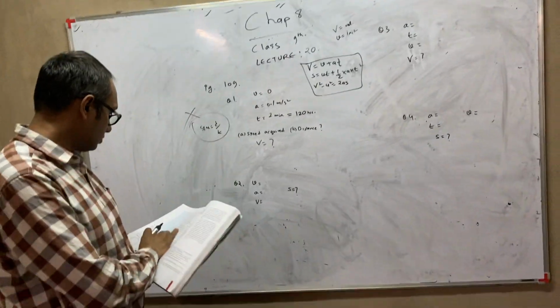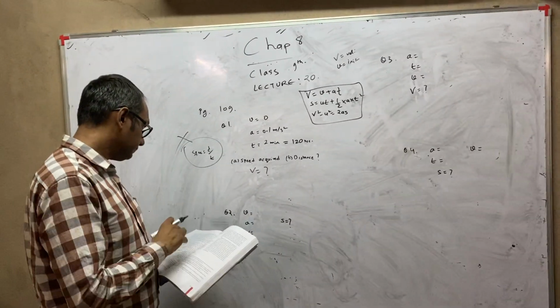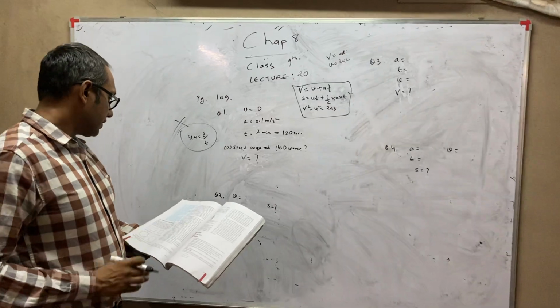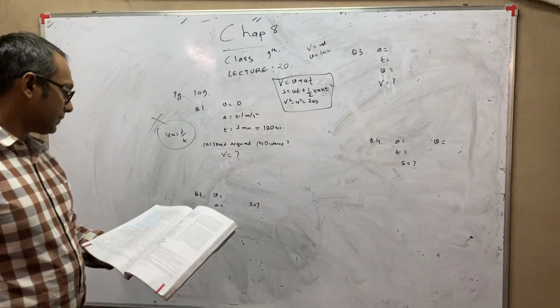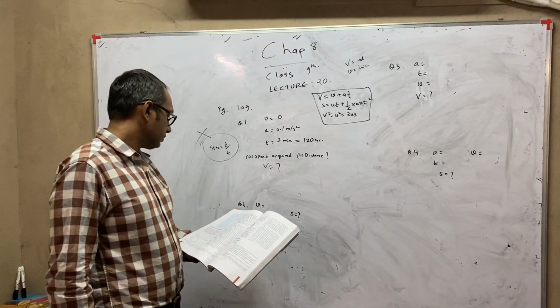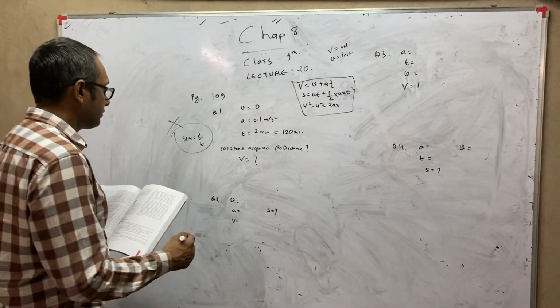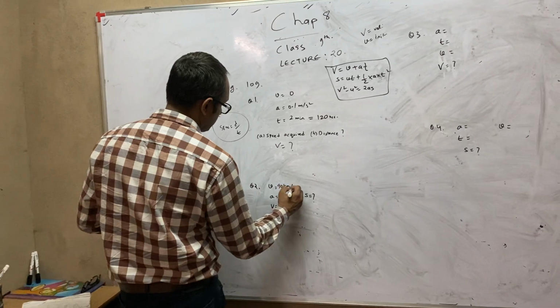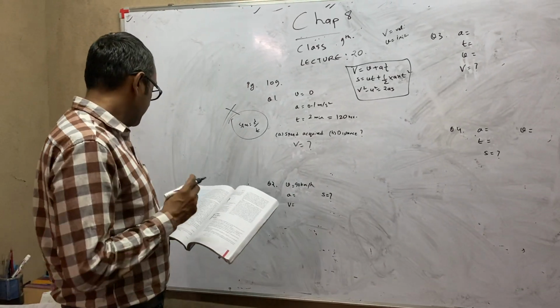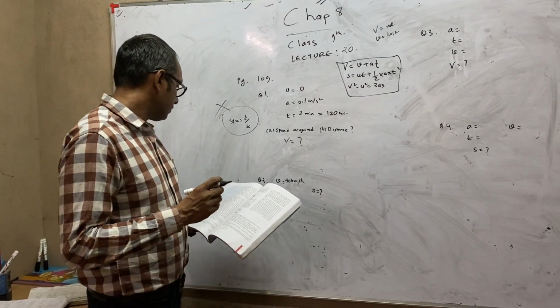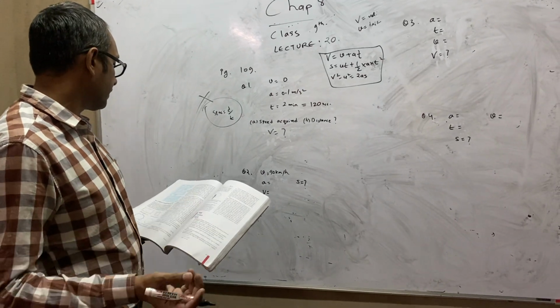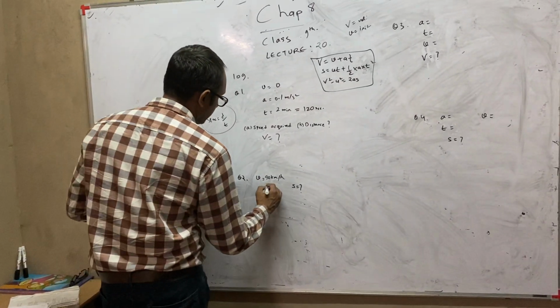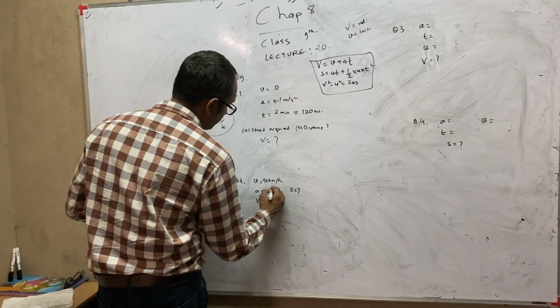Now question number 2 on page 110. A train traveling at a speed of 90 kilometers per hour. It is traveling at 90 kilometers per hour, so that is our initial velocity. Brakes are applied to produce a uniform acceleration of minus 0.5 meter per second square. So this is negative acceleration, means retardation.